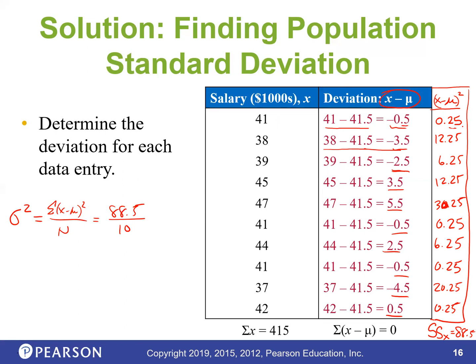Okay, talk to me. What do we get? Oh, you know, I can do it like this: divide by 10, which is just moving the decimal point, right? So 8.85, so about 8.9 is my variance. And eventually we're just going to label it SD, standard deviation.